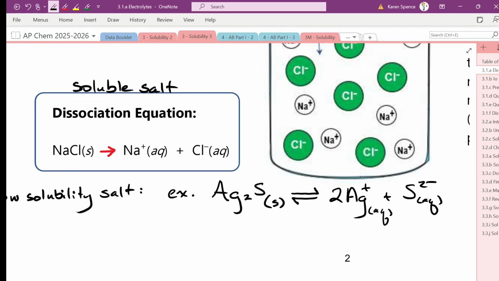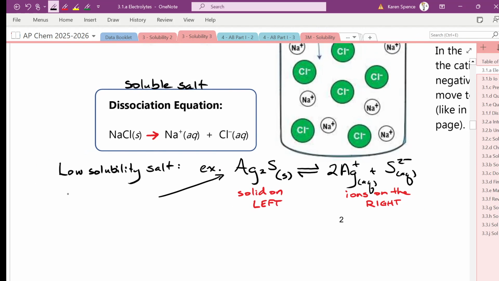This particular equation, written the way it is, with the solid on the left and the ions on the right, is what we will use when we are working with the K. So these types of equations have a K. This is my favorite K value because it is Ksp, just like Karen Spence, just like my name.